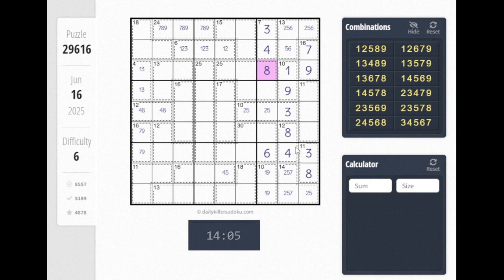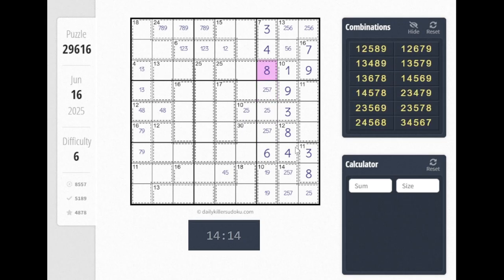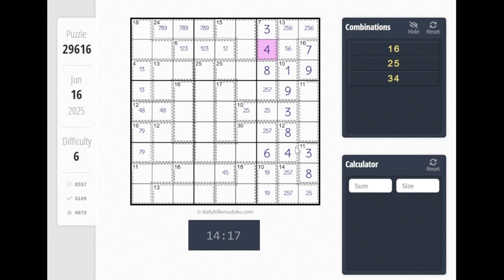That's an 8. 2, 5, 7. Look at this go. Okay. This becomes this, which means that now this adds up to 8. Okay, so can't. Adds up to 9.